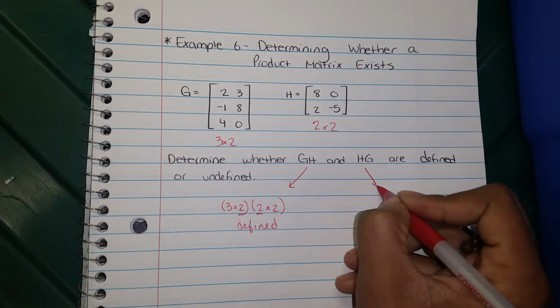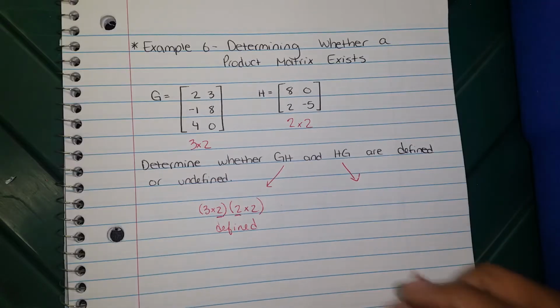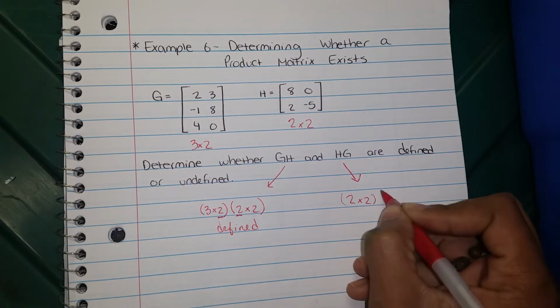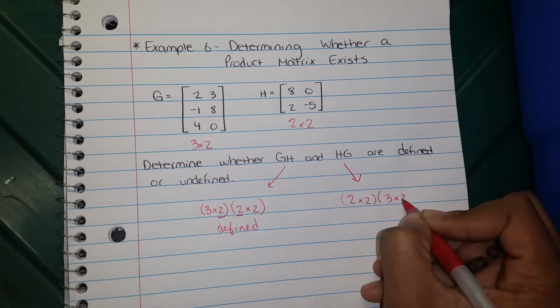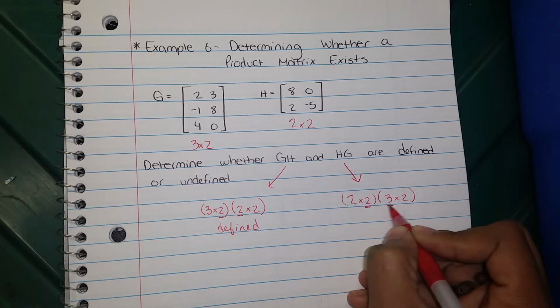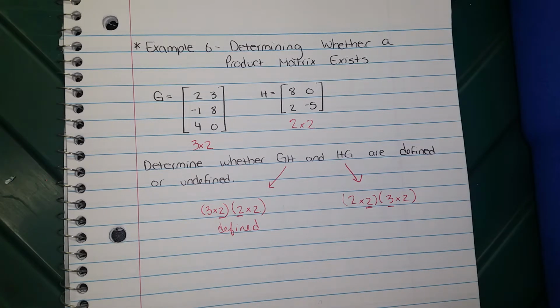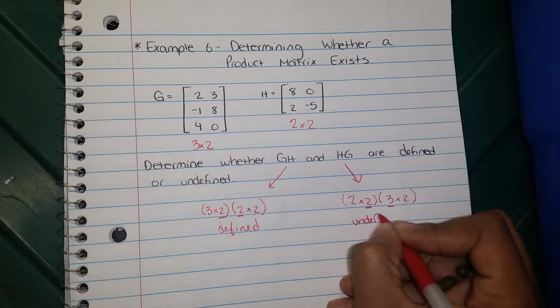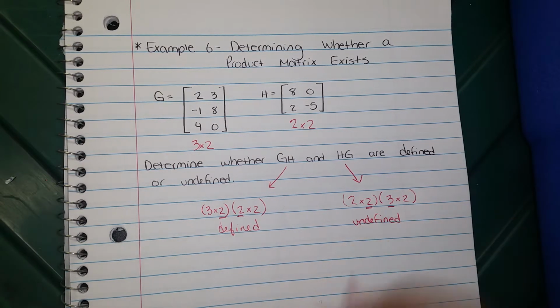Let's see for HG. For HG, H is my first matrix. I'd have a 2 by 2 times a 3 by 2. Let's see. Do the number of columns in my first match the number of rows? It does not match. Meaning it is undefined. I cannot even multiply these matrices. It's not defined.